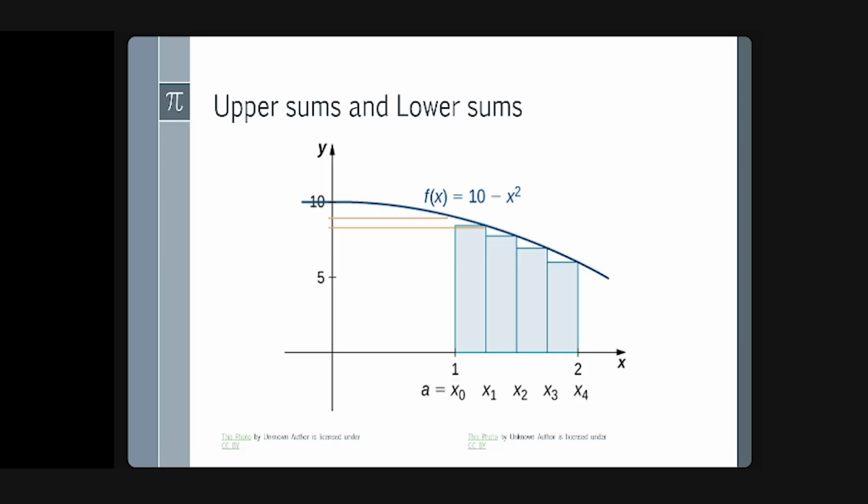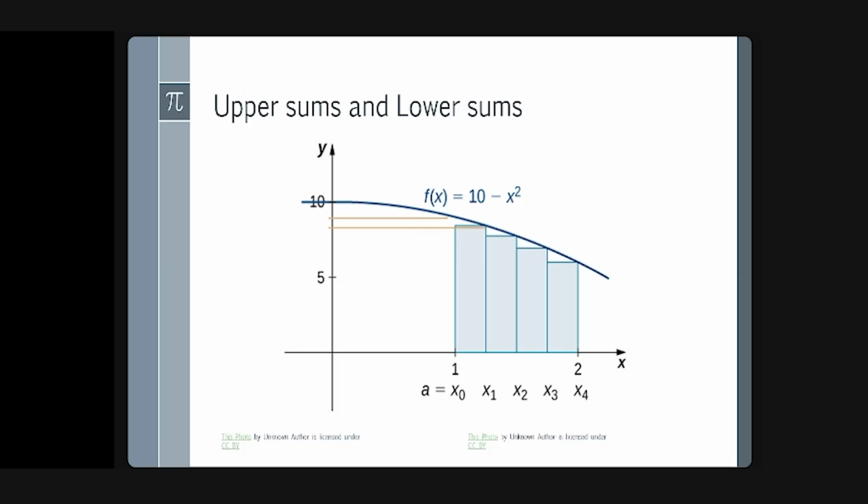I have many such rectangles, right? In particular here, we have four rectangles. Then I need to sum the area of all those four rectangles, and it represents the approximate area under this curve, right?